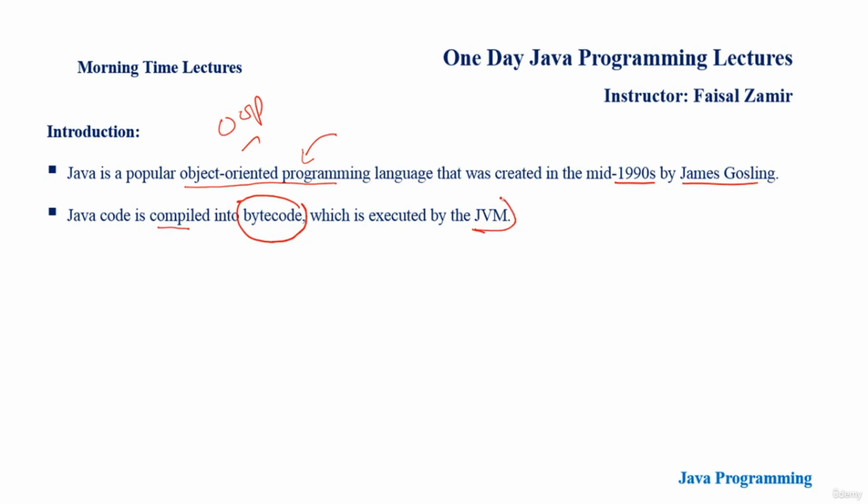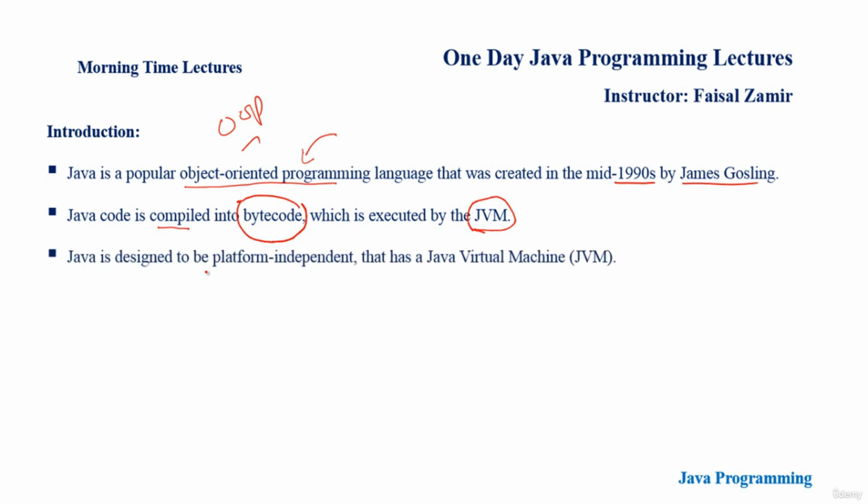The Java Virtual Machine is actually a software program that executes bytecode independently, because Java source code does not depend on any specific platform. A Java program can run on Windows, Android, Linux, Mac. So this is an independent platform used to execute bytecode.